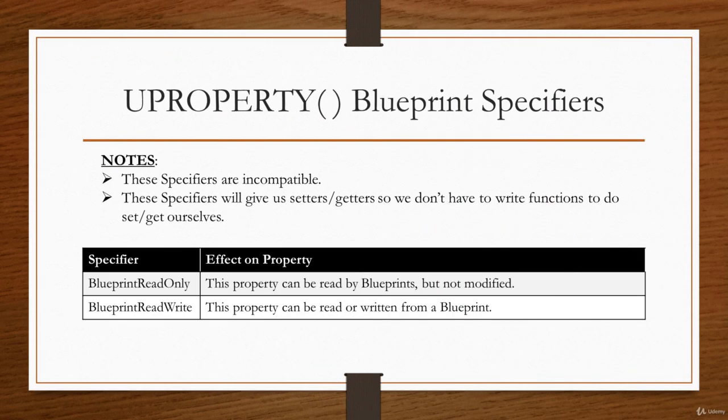Okay, so here we have the blueprint specifiers. These are incompatible with one another, so you use one or the other, but not both. And these specifiers will basically give us setter and getter functions, so we don't necessarily have to go and write functions to do that. You might remember in C++ you'd typically go and write setter and getter functions, to write or get values on your properties or on your member variables, as opposed to changing those directly.